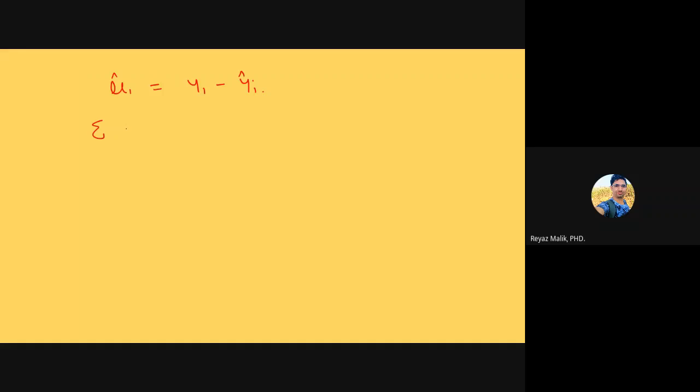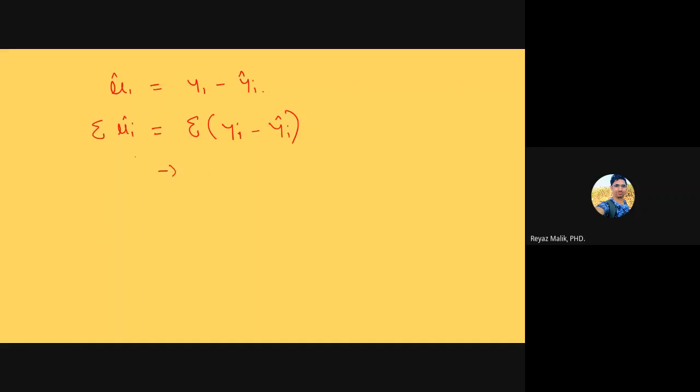The squares will come next; I will not use them now. It will work without it. We want to minimize this, so it will be the summation of yi minus yi bar. Correct?